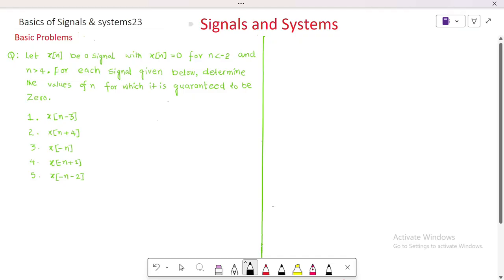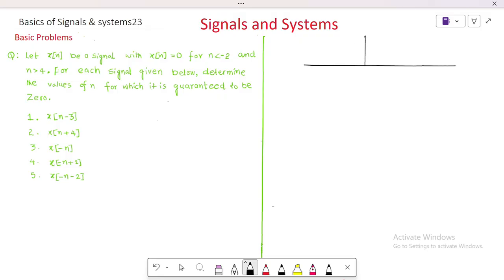First I am going to draw the first signal as an example.